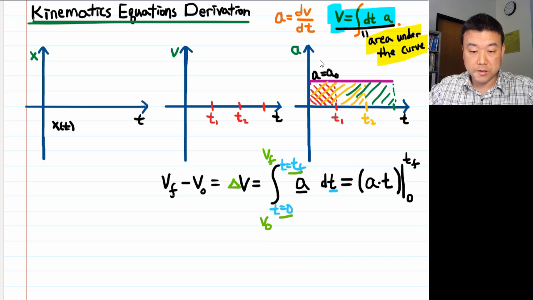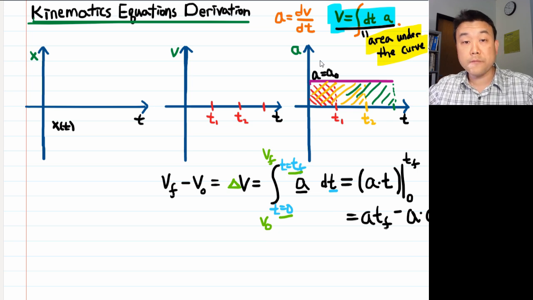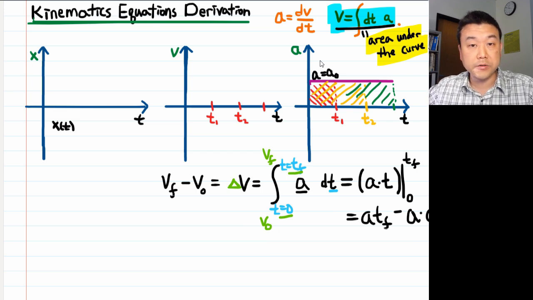So plugging those limits in, you get a t_f minus a times 0. This is the definite integral process you learned in your calculus class. And I want you to get into a habit of using this a lot more than you are used to using it in your calculus class.